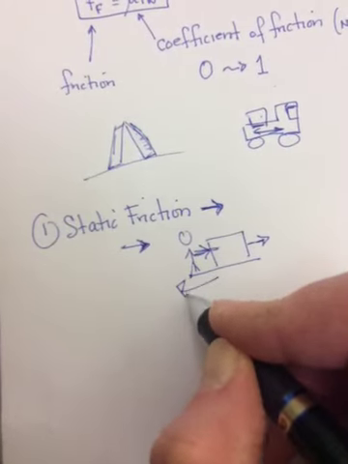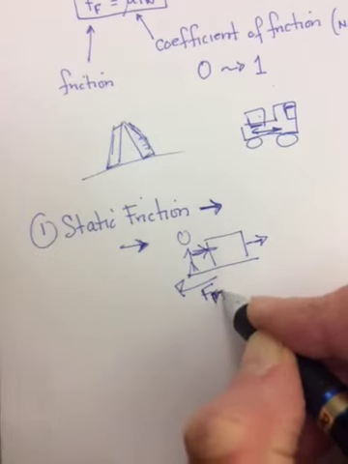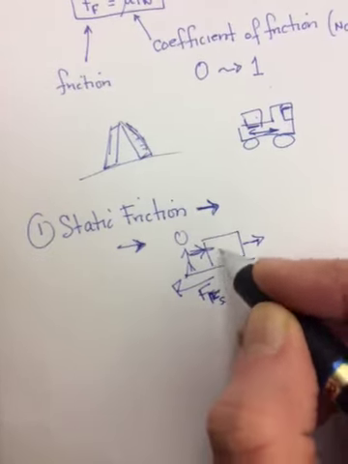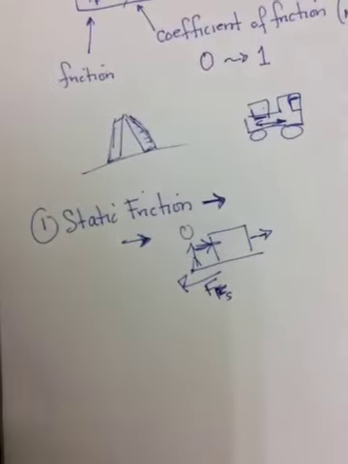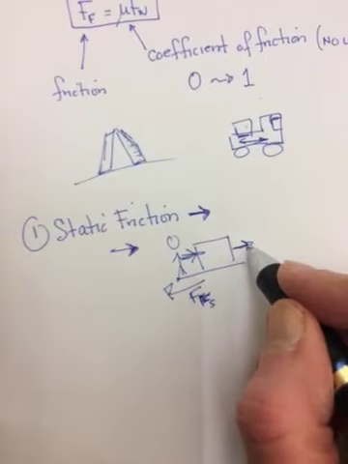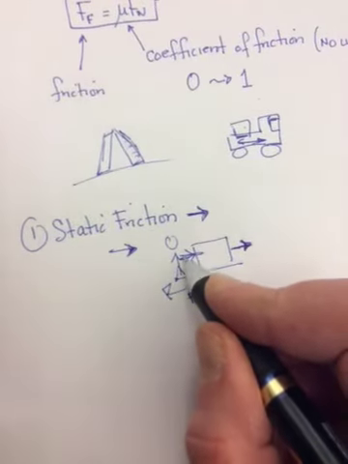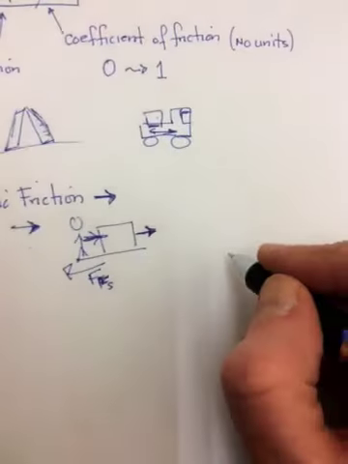And that's because static friction would be acting in the opposite direction, and it's bigger than the force you're pushing with, so it won't move. Okay? So it's the frictional force that must be overcome in order to start the box moving, and it's what prevents a box from moving when you're trying.